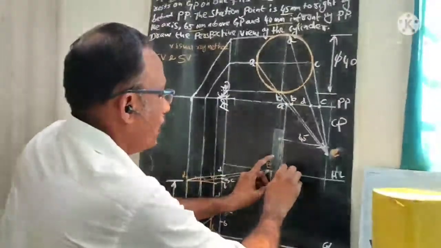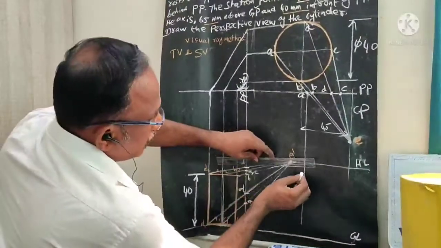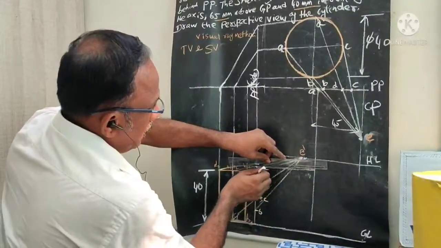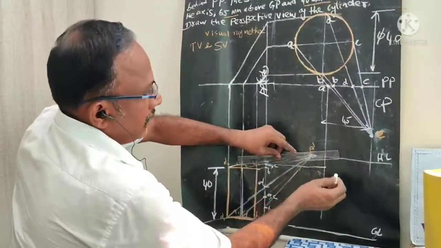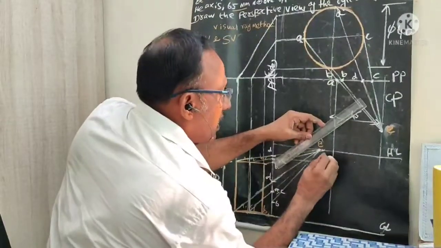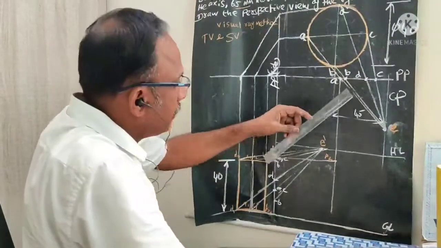Similarly, where we have A here, I need to mark this point. Draw a horizontal line here. It meets somewhere. Similarly, this point I call A2. That is the top point for the prism.